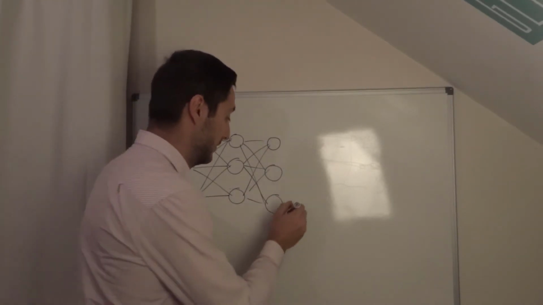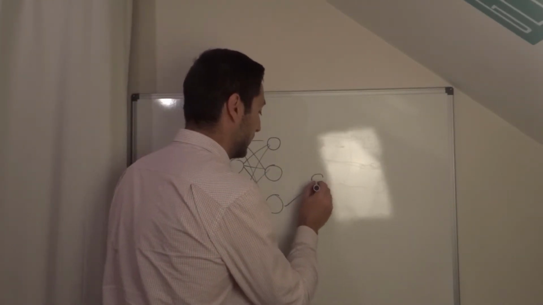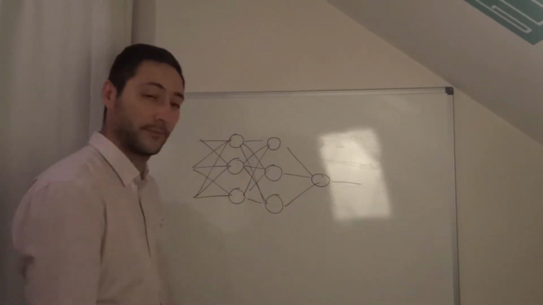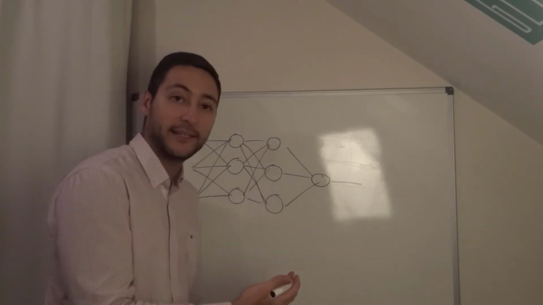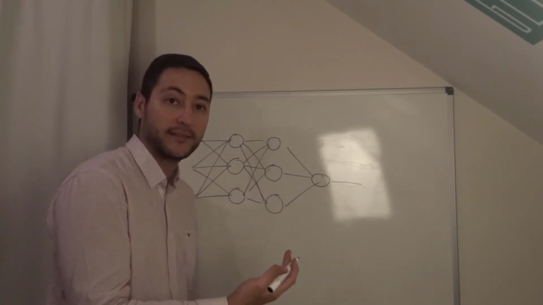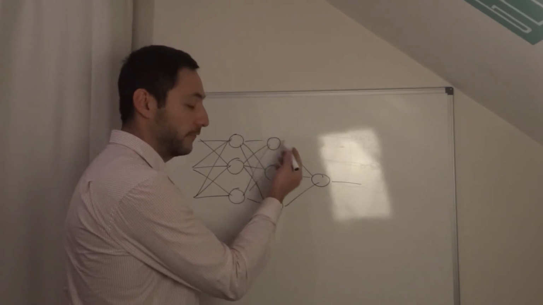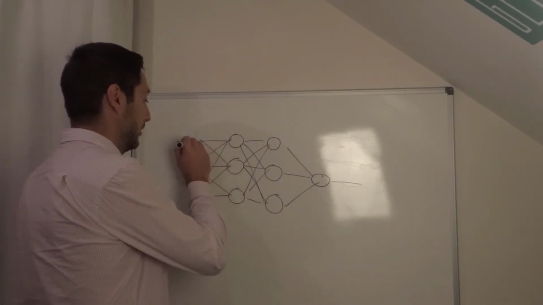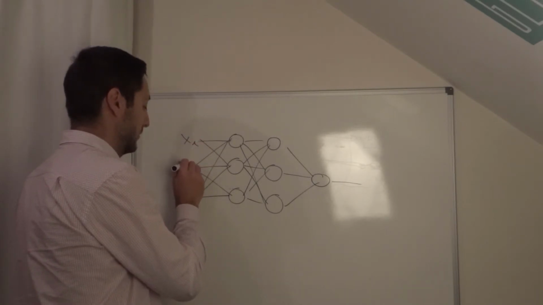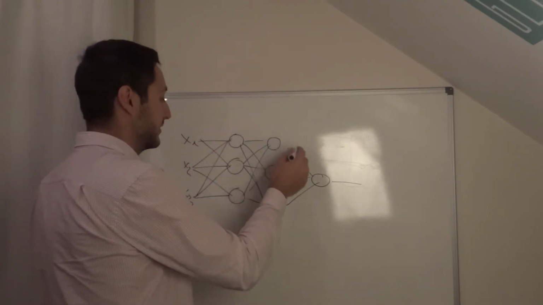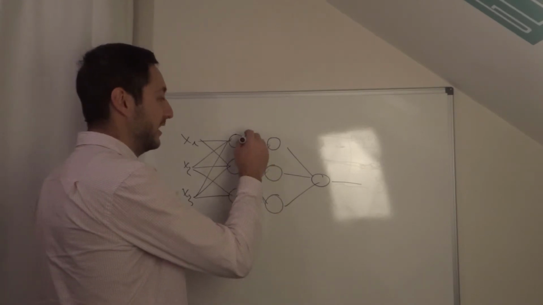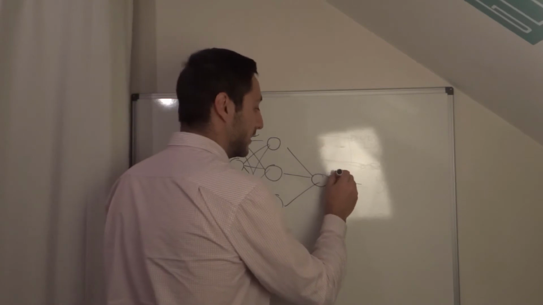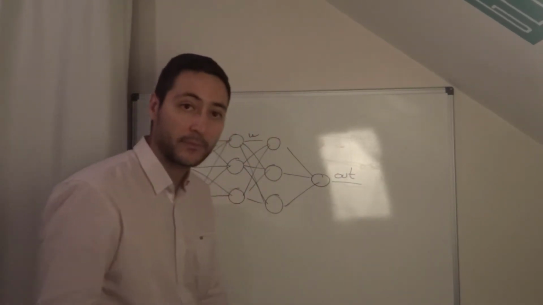And finally, we connect these neurons to some final neurons. So this is basically what a neural network is. It's a set of different neurons that takes some inputs, and processes these inputs via their different weights to finally get an output.